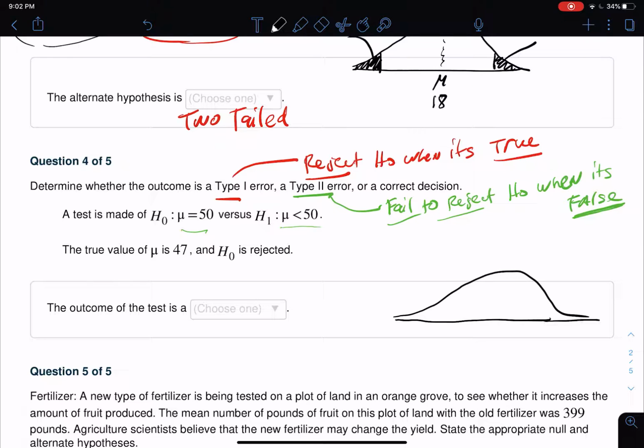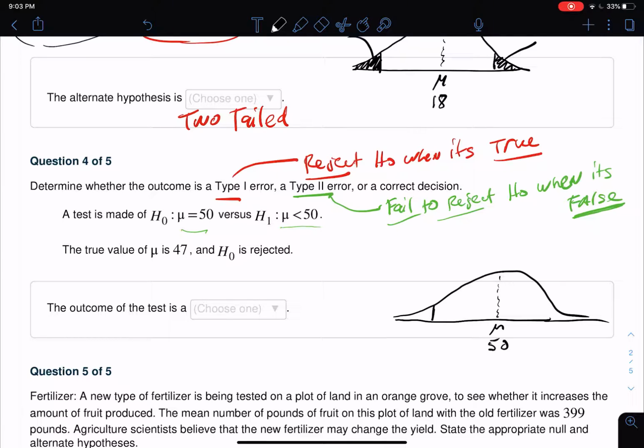So here is my normal distribution. Our null hypothesis says that the mean is 50, and our alternate hypothesis is less than 50. So basically this is going to be a left-tailed test is what we're looking for.